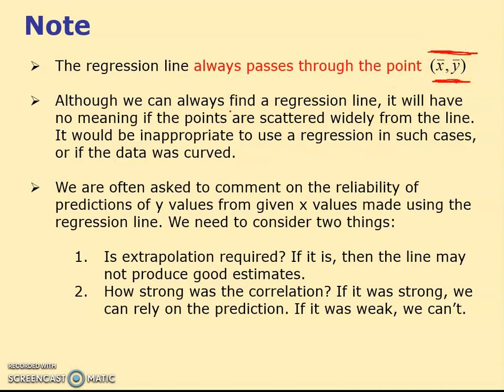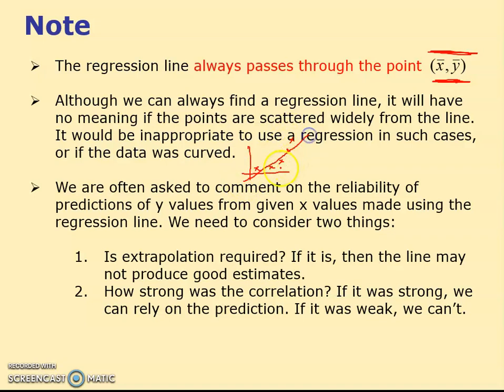You also know you can always find a regression line. Even though you can always find the regression line, it will have no meaning if the points are just not very close to the line that you end up with. So I do see people doing this where they get a set of numbers and they ignore the fact that it's curved, and then they find the line of regression through it.